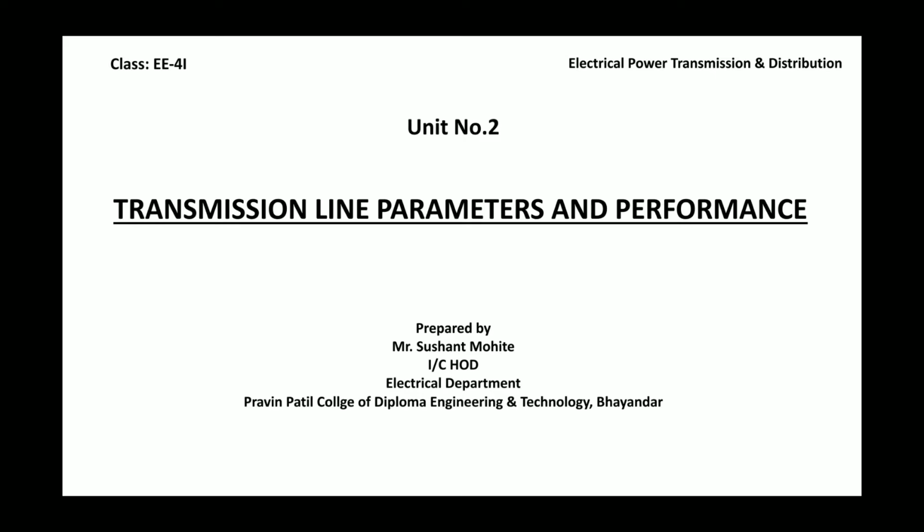So here conductors are conducting parts and they are separated by some distance, so naturally capacitance is inherently present. So when we study the performance of an AC transmission line, 3 constants, that is the parameters, are to be considered which affect the performance of the line. These constants are the resistor, inductor and the capacitor. This is the introduction of unit number 2.